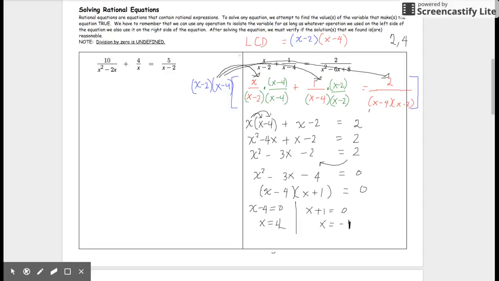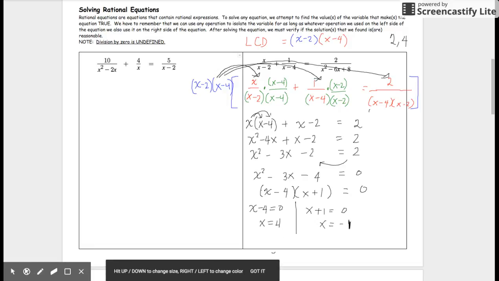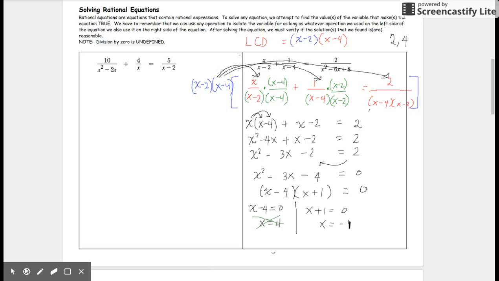It could be anything else, but not 2 and 4. Okay, so since 4 is one of the zeros of the denominator, then we say that 4 is an extraneous solution. This is extraneous.